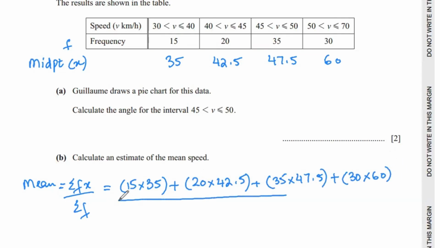And all of this is divided by the total, which is 100, because 15 plus 35 is 50, plus 20, plus 30. So now if we find the result for that, it should equal 48.375. That is the estimate for the mean speed.